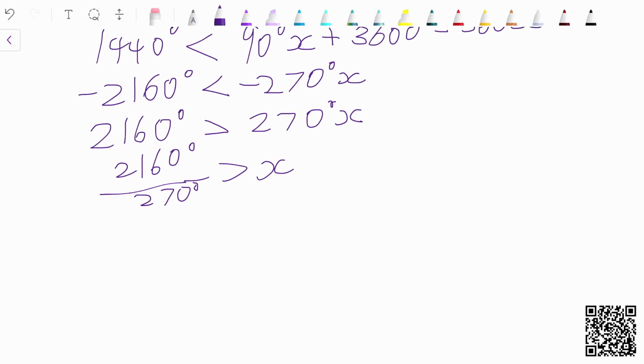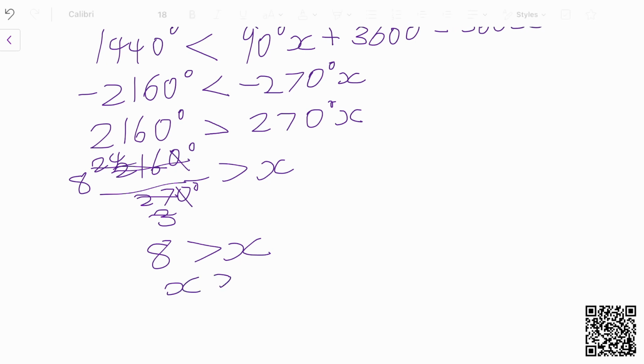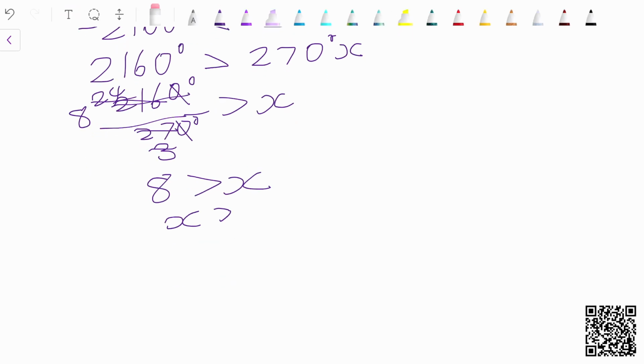So if you simplify, get rid of this 0, divide by 9, so 3, 24, 8. So 8 is greater than x, or in standard math fashion, x is less than 8.